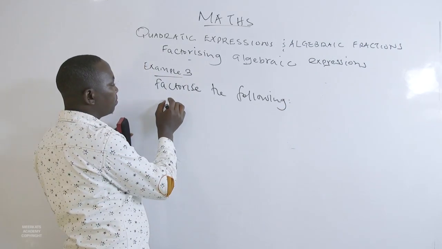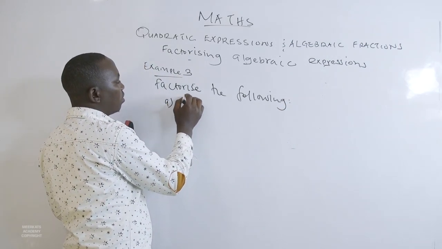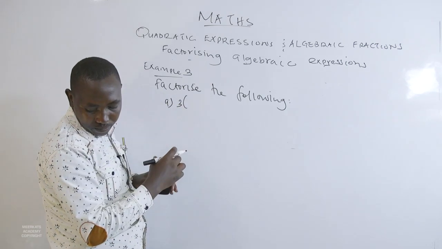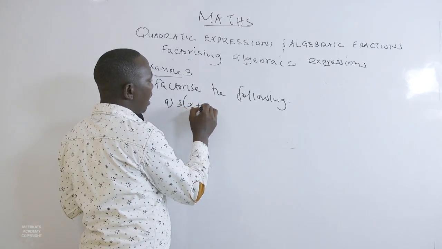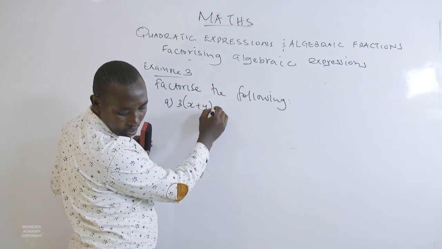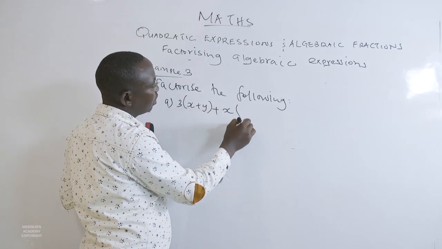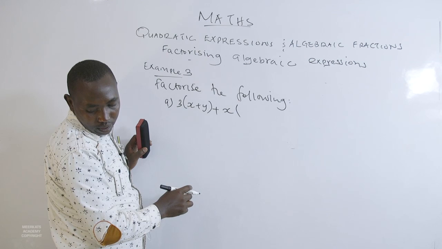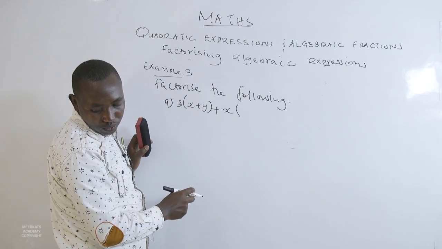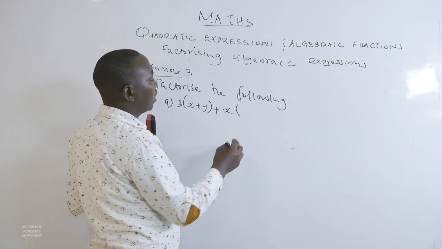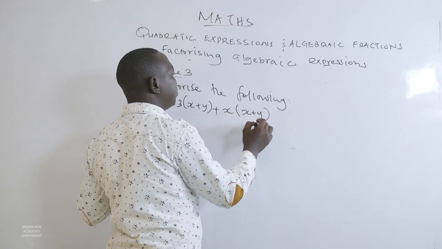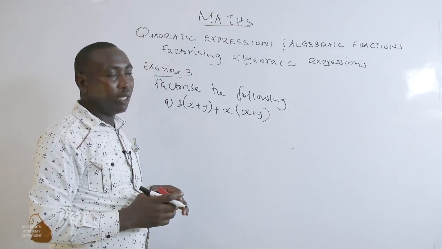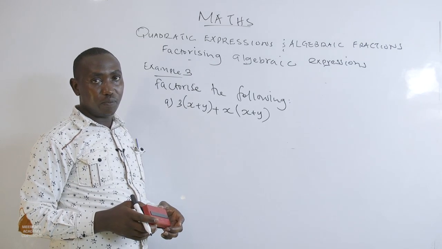Number 1, we have 3 into x plus y plus x into x plus y. We simply need to factorize.